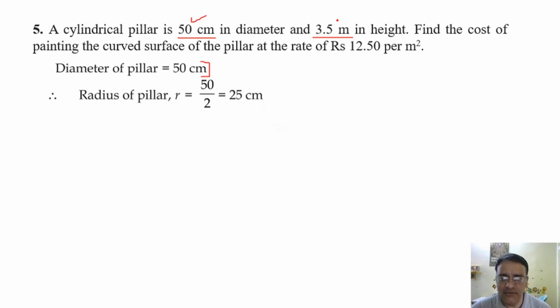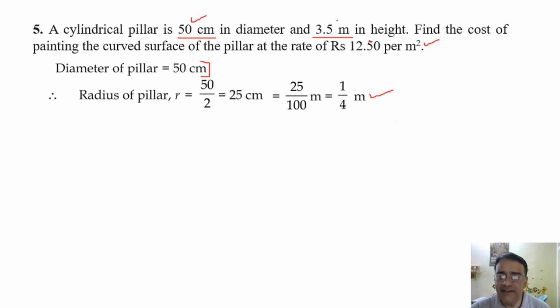But the rate is given per meter square, so we have to convert this into meter. How will you convert? 0.25, that is 25 by 100, or I will take it as 1 by 4. Any doubt? No, sir. Instead of writing in decimal, I'm writing it as 1 by 4.